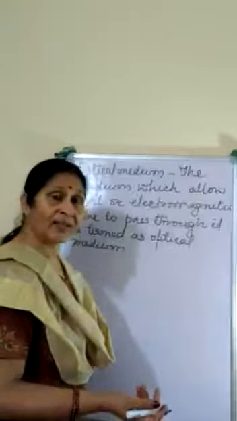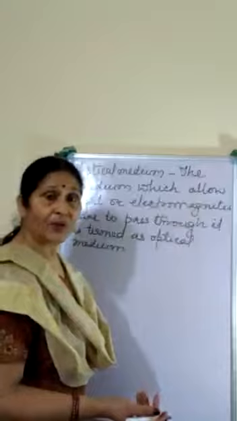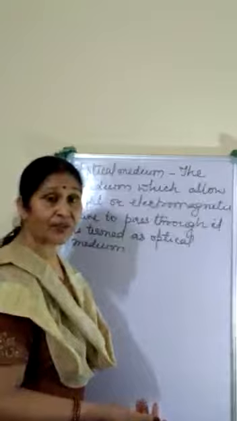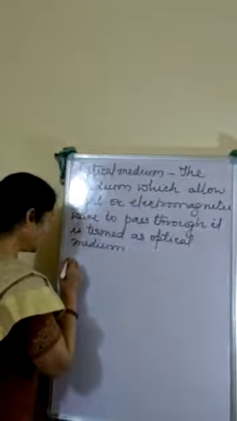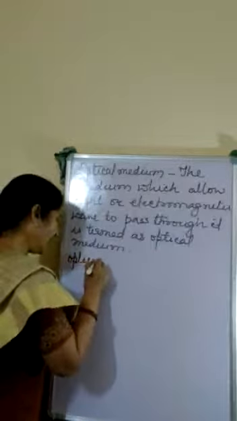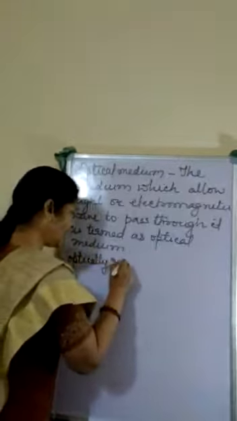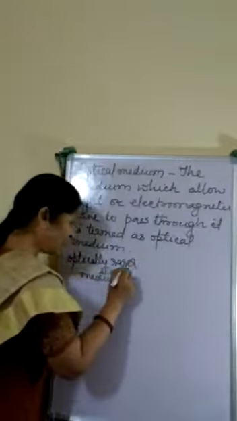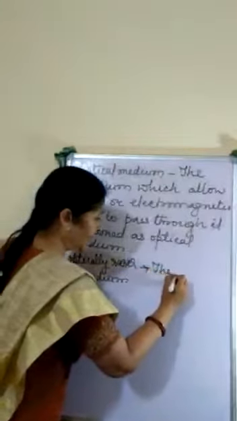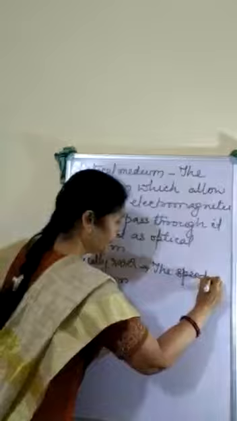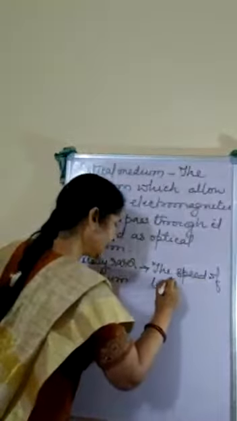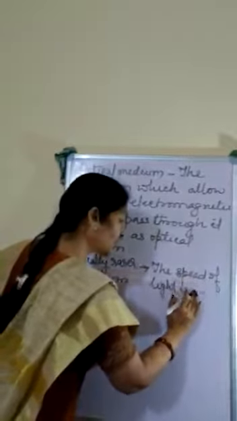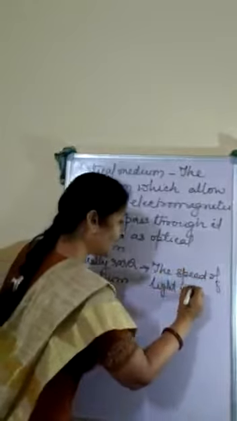Now let us see the optically denser medium and optically rarer medium, and we can decide it on the basis of speed of light in them. Therefore, optically rarer medium means the speed of light is faster.